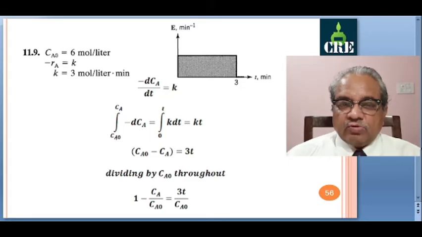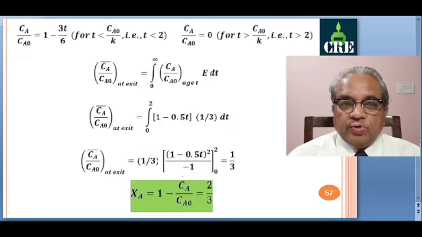So minus dCA from Ca0 to Ca, K dt 0 to T is Kt. This will be Ca0 minus Ca, K value is 3. So Ca0 minus Ca is 3T. So we divide throughout again by Ca0. So if I divide this by Ca0, 1 minus Ca by Ca0 is equal to 3T by Ca0 we get.